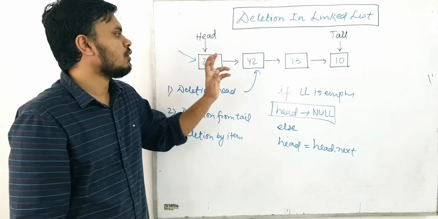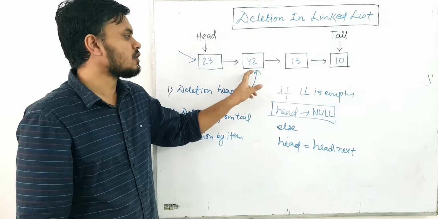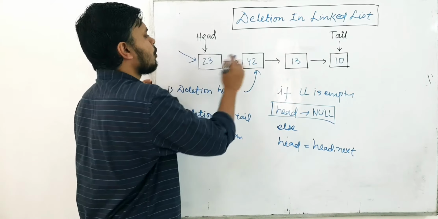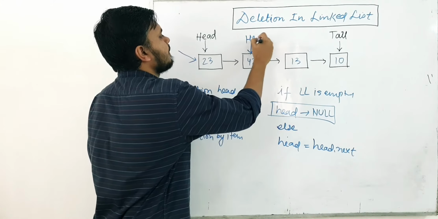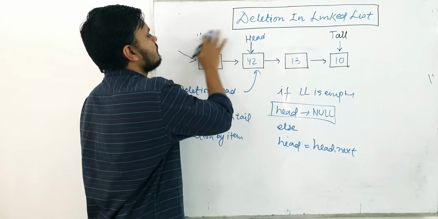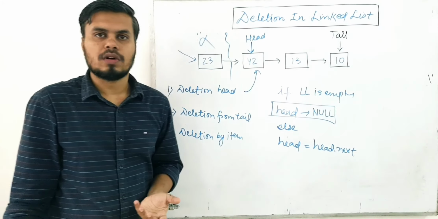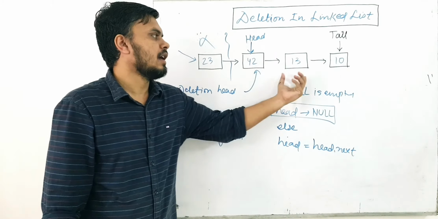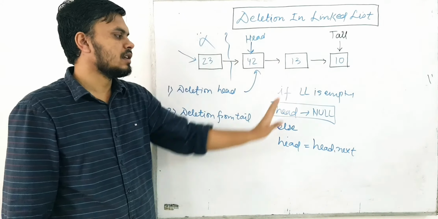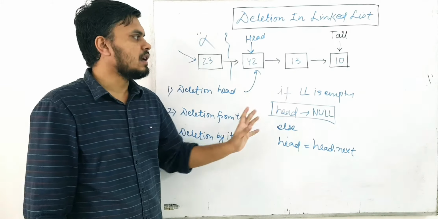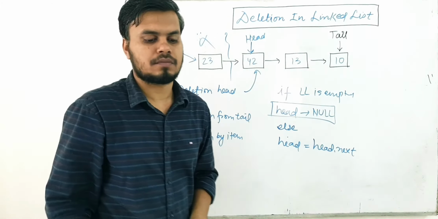That's the code. You are simply making this node your head node. You are moving this pointer here. That's the logic. So this node will automatically be ignored and the linked list will be starting from here. Okay, so this is the entire theory. Now let's see how to do this in code.